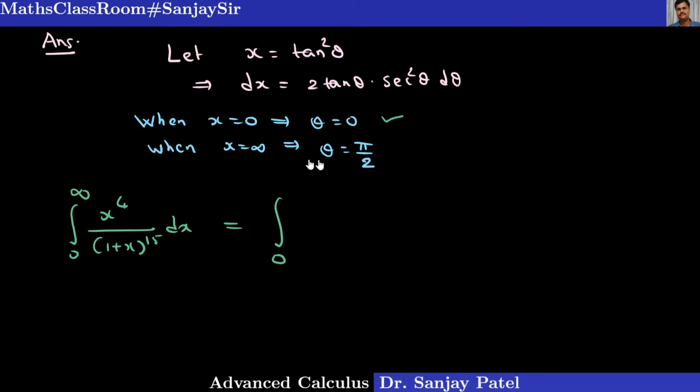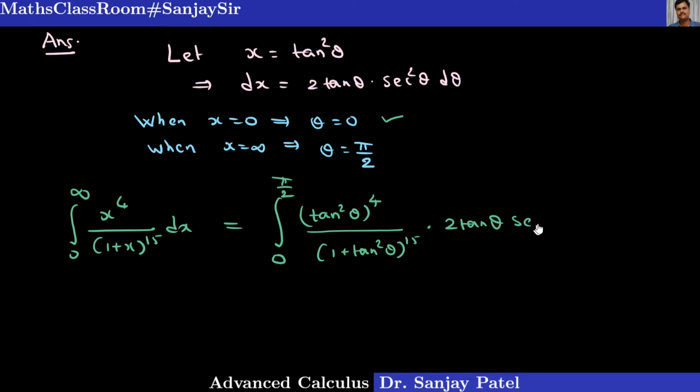When x equal to infinity, theta is equal to pi by 2, so I will write pi by 2 here. And x raised to 4 is tan square theta raised to 4, upon 1 plus tan square theta raised to 15, into dx, which is 2 tan theta into sec square theta d theta. Okay. Let us simplify this.